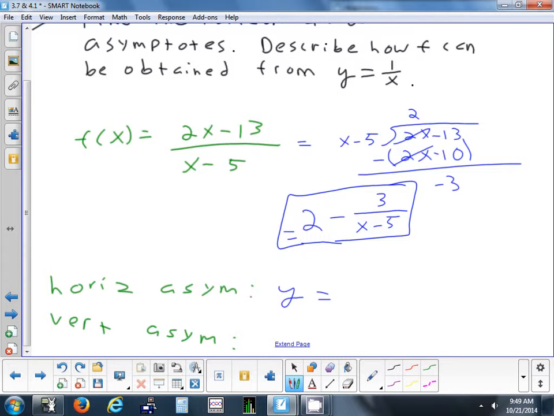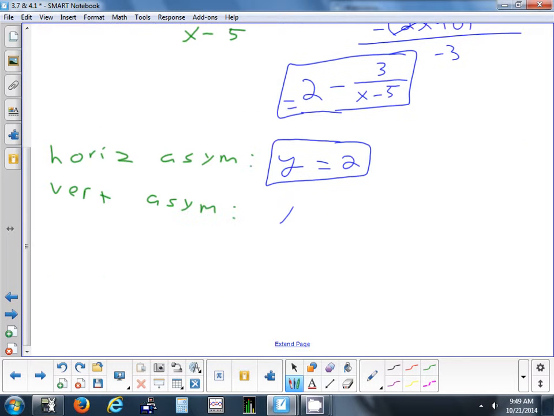So yeah, it would be close to 2. Anytime you have an x in a denominator and you let x get really big, it wipes that fraction out because you're dividing by something huge. Okay? So your horizontal asymptote is at 2. Now your vertical asymptote would be what value would cause that fraction to be undefined. 5. That's your vertical.